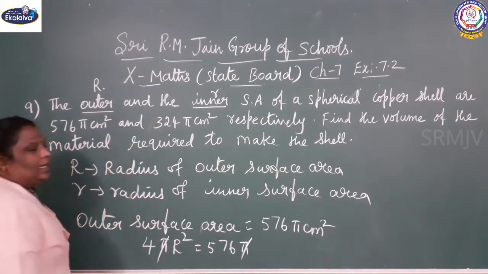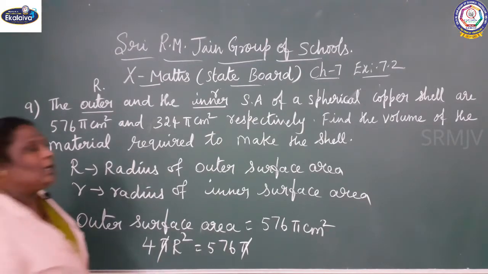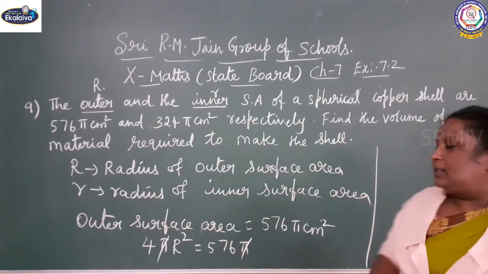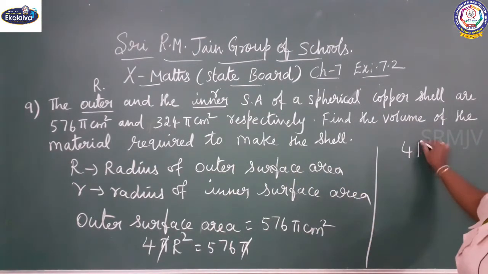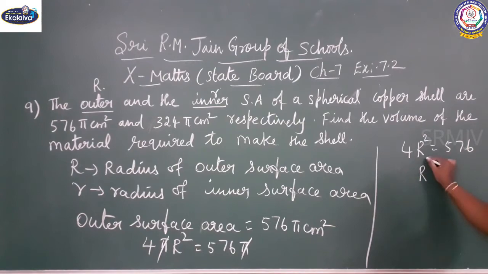Pi gets cancelled. 4 R square equal to 576. R square equal to 576 by 4, that is 144.